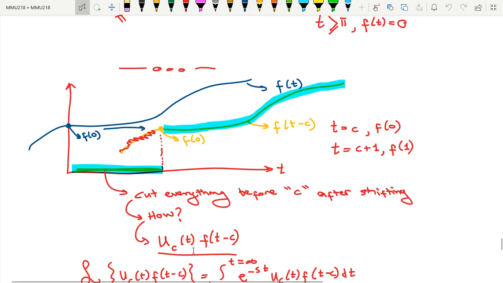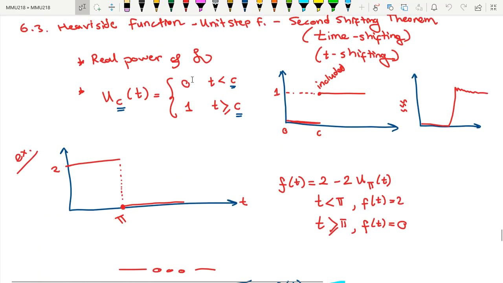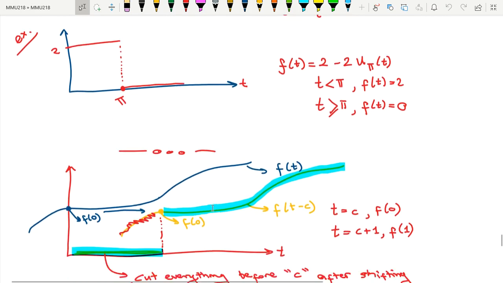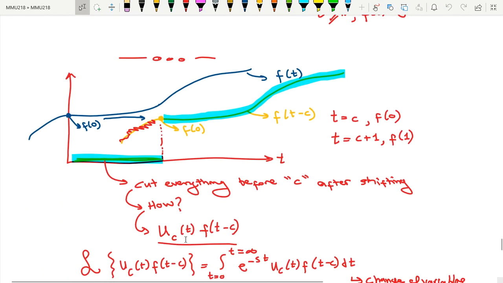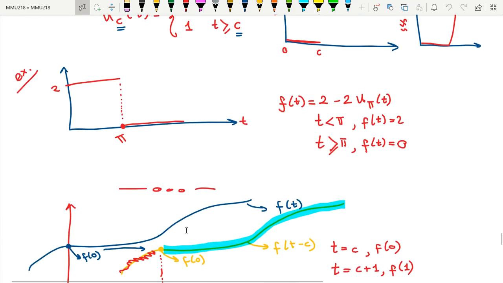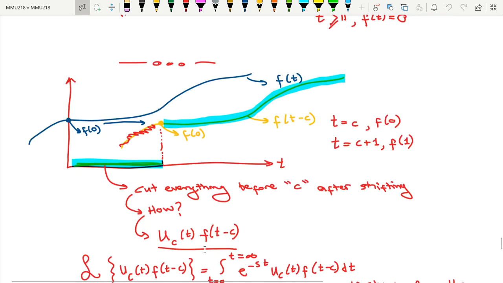It will become 0 because of my multiplication, 0 times my function, which is 0. And after c, this unit function will become 1, and 1 times my shifted function will be f of t minus c.